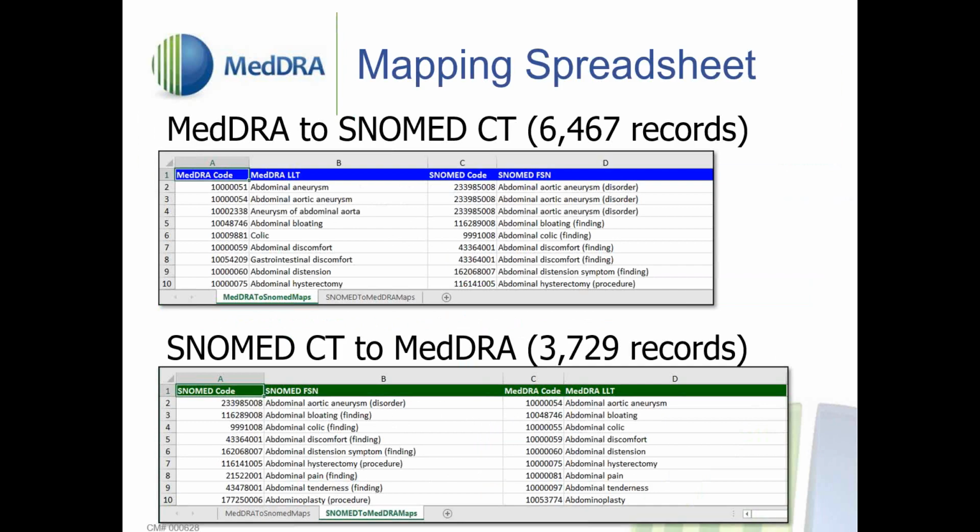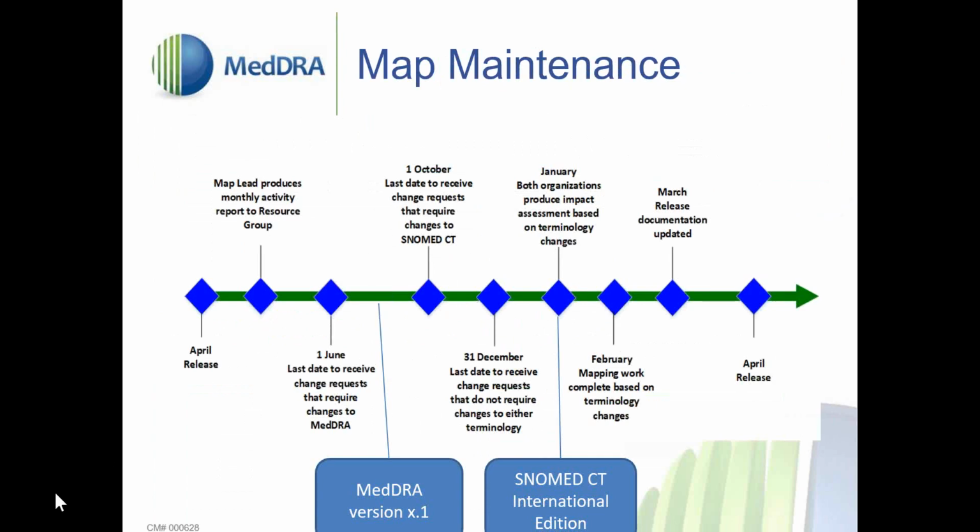The next question, what are the timelines for requesting new maps? Yeah, so the timeline is really related to the need in your organization. So if you are requesting new maps or revisions to existing maps, you'll do that through the MapCR process. And those individual requests will be taken through the mapping process.